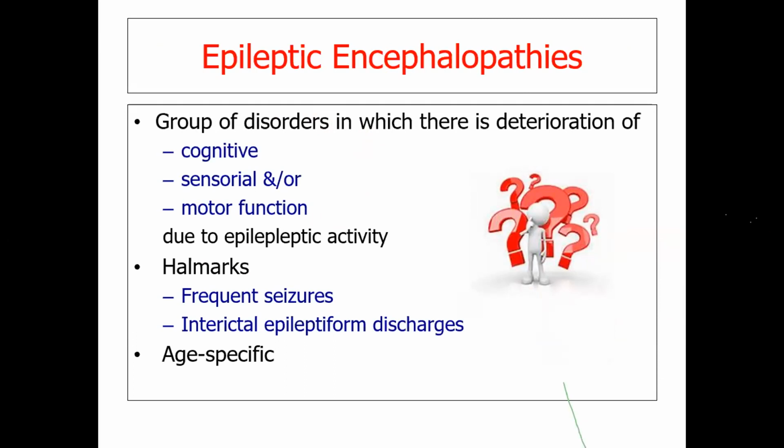Epileptic encephalopathies are defined as a group of disorders where there is a deterioration of cognition and sensorial and/or motor function due to seizure activity, and it is reflected by frequent seizures clinically as well as interictal epileptiform discharges. The beauty of epileptic encephalopathies is that it is highly age specific. We have different epileptic encephalopathies at different age groups.